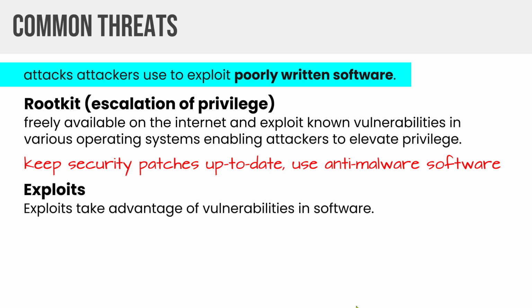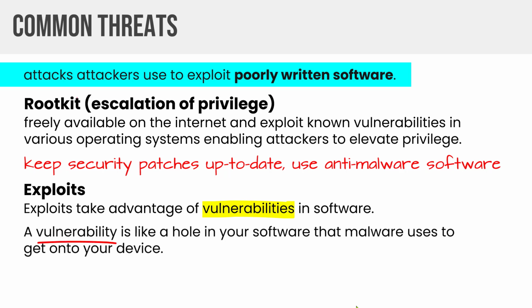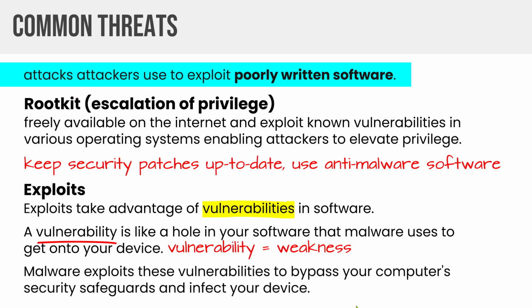Exploits take advantage of vulnerabilities in software. So a vulnerability is like a hole in your software that malware uses to get onto your device. Vulnerability is a weakness, so to speak, would be another way of saying it. Malware exploits these vulnerabilities to bypass your computer security safeguards to infect your device.